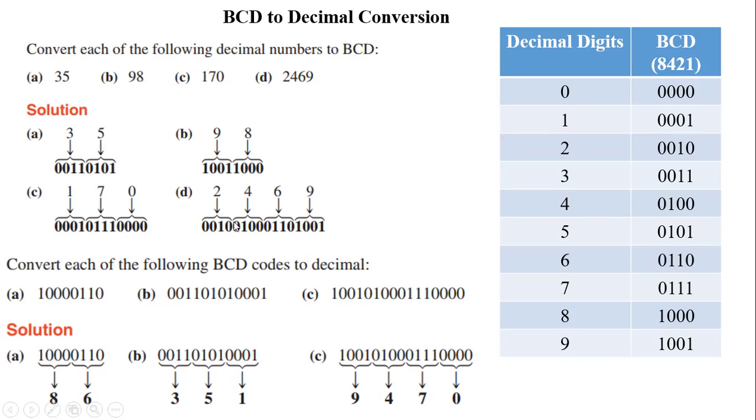So this number is replaced by this. So this is another example. Replace each decimal digit by its corresponding BCD code, and you will get the BCD for that number. These are the BCD 8421 codes for 0, 1, 2, up to 9, the BCD code of 9, or the 8421 code of 1001.